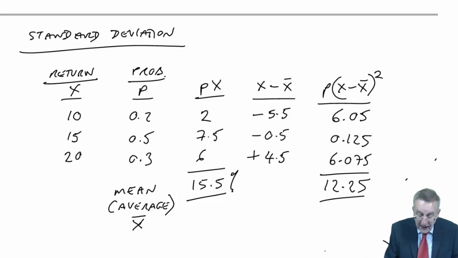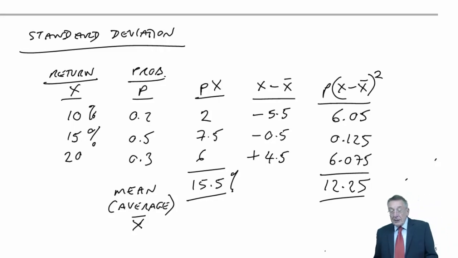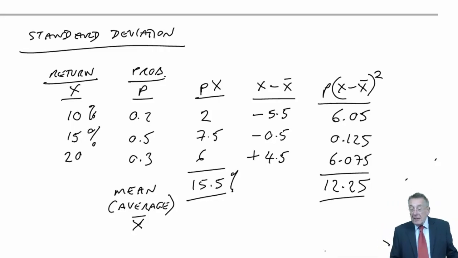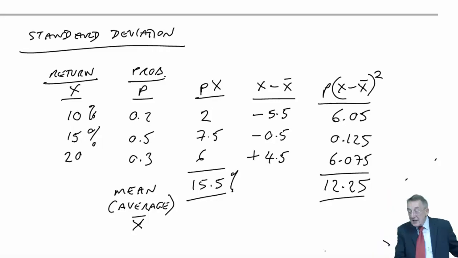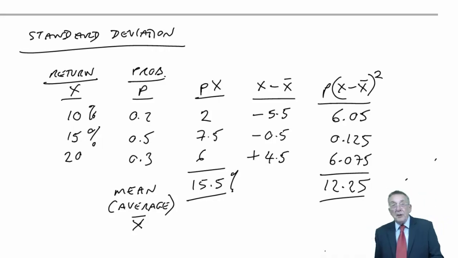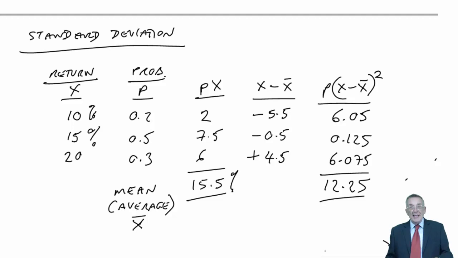The returns are all in percents, though I've said before it could be dollars, it doesn't matter what it is. Because we squared the differences, that 12.25 is in squared percentages or squared dollars.